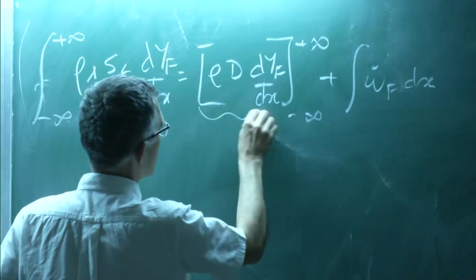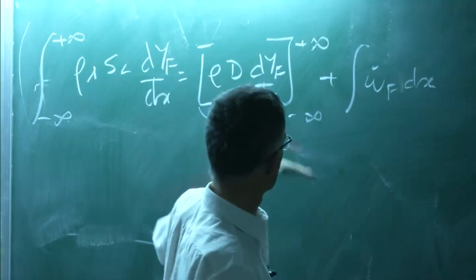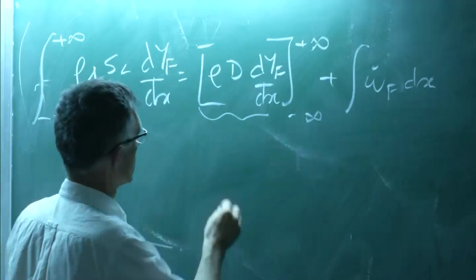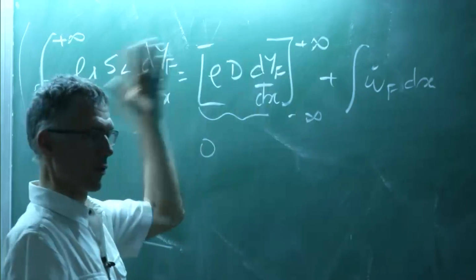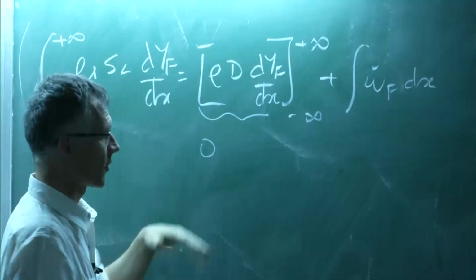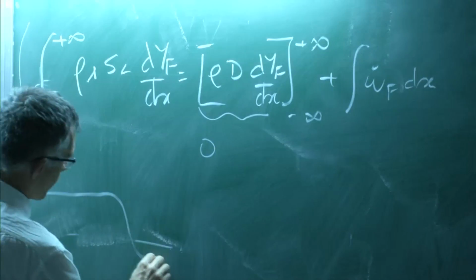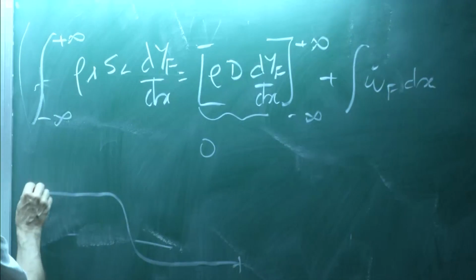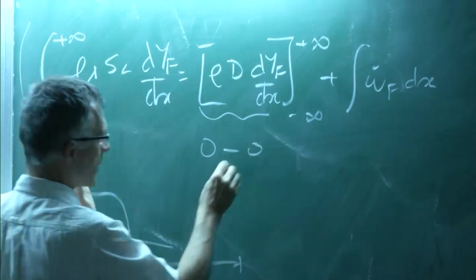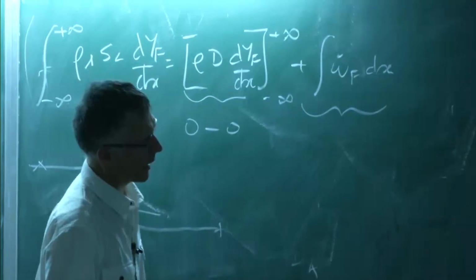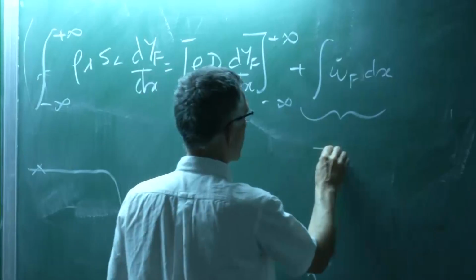This thing here is the gradient of fuel at infinity, which is 0, and the gradient of fuel at minus infinity, which is 0 also, because the fuel mass fraction looks like this. No gradient here, no gradient there, so this is 0 minus 0, that's easy. This is what we will call the total reaction rate, omega dot F.